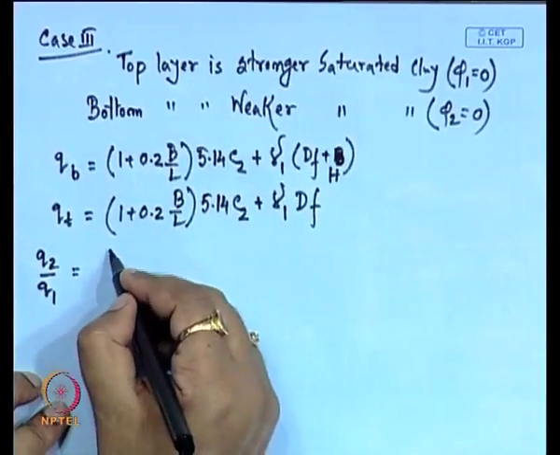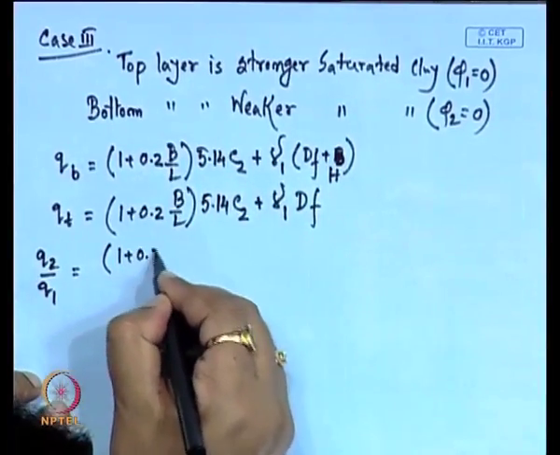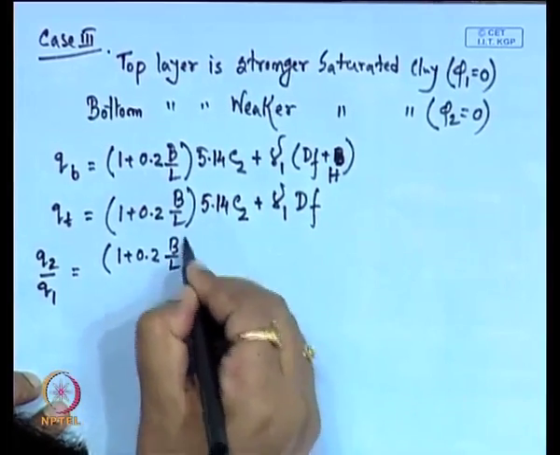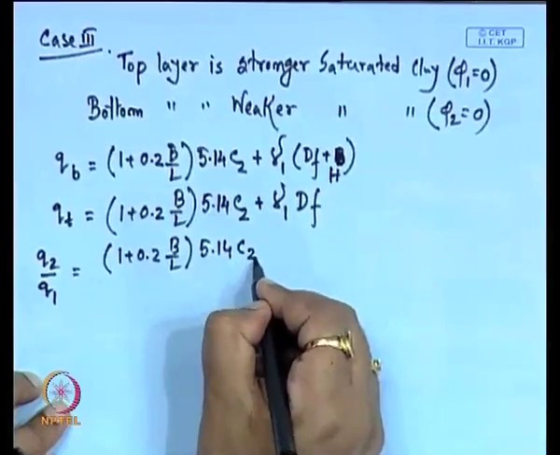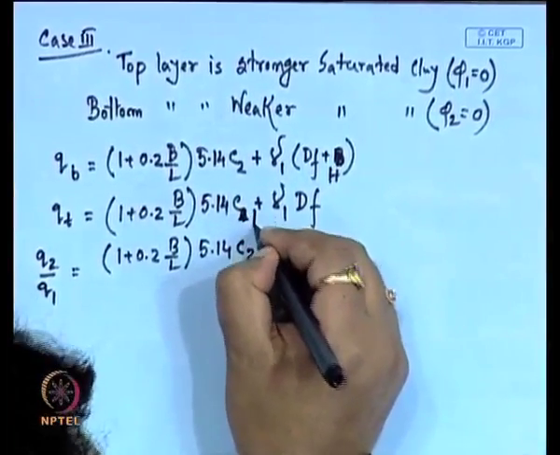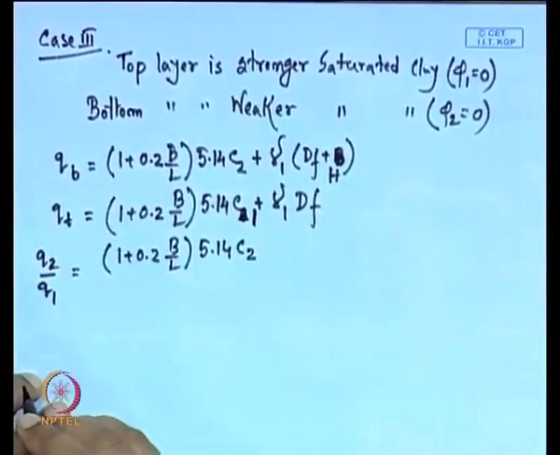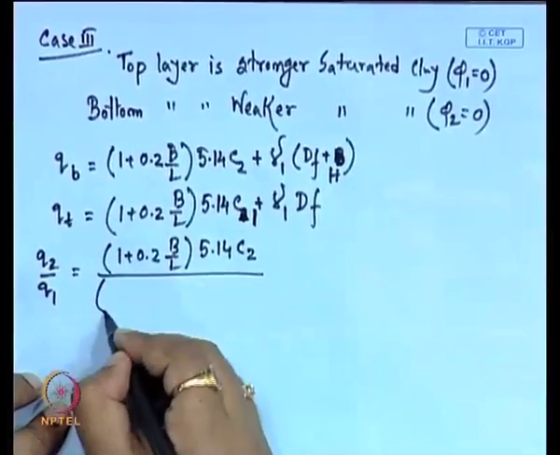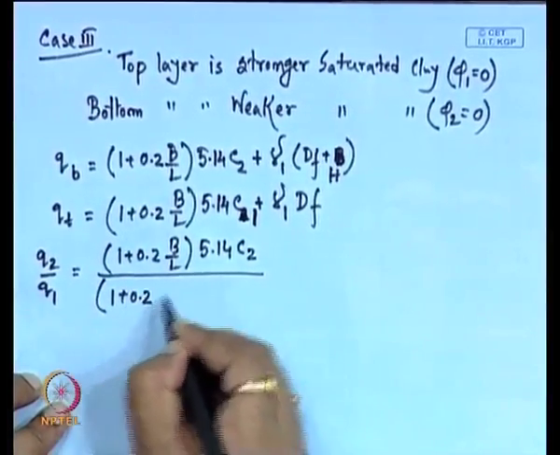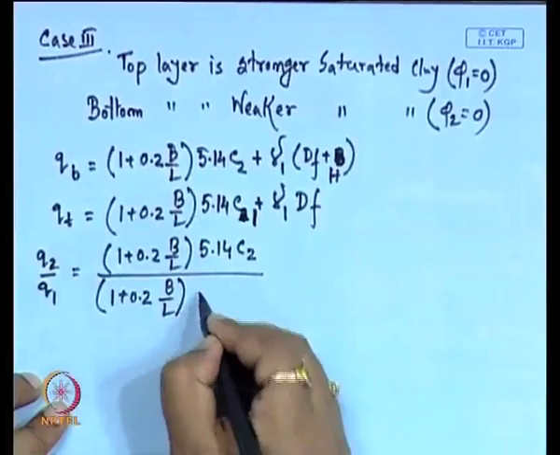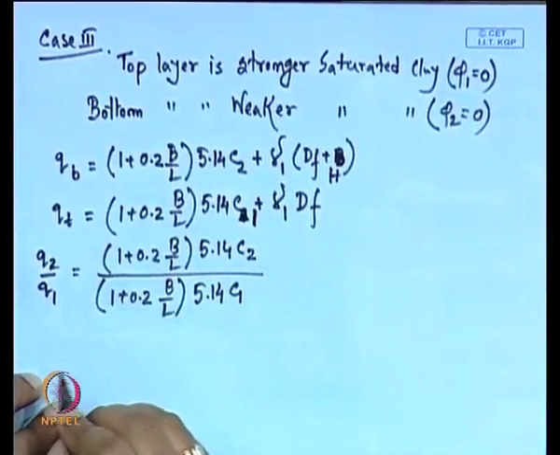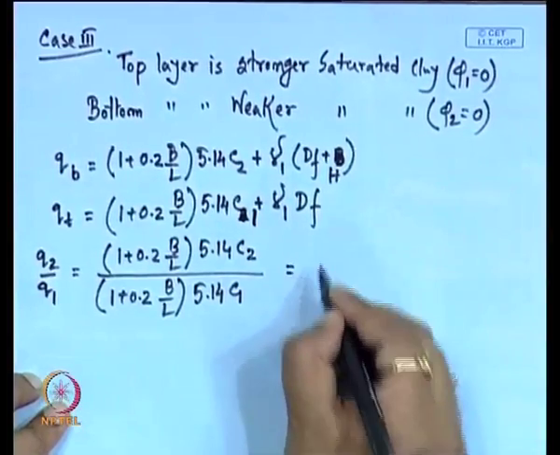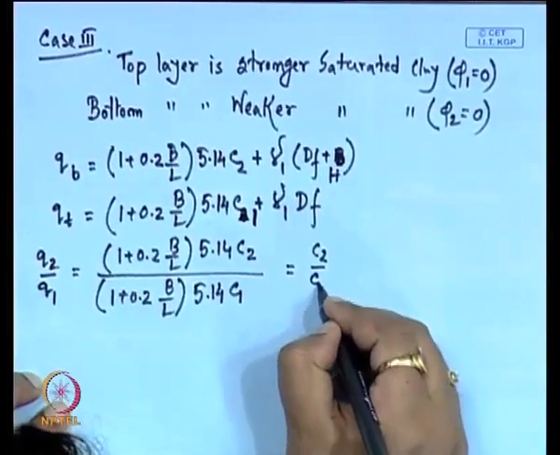That means this will be 1 plus 0.2 B by L 5.14 C 2, sorry, this one will be C 1, C 2 divided by 1 plus 0.2 B by L 5.14 C 1. So, that means the ratio will be C 2 by C 1.